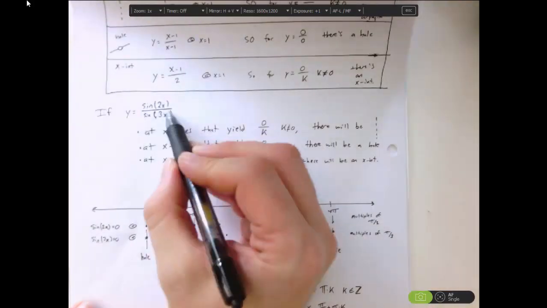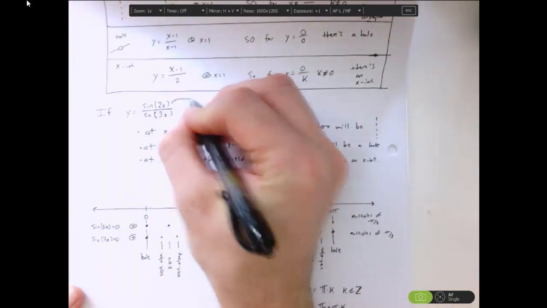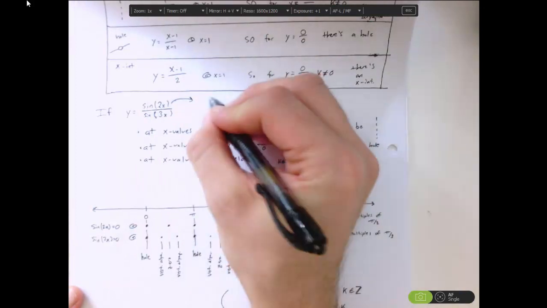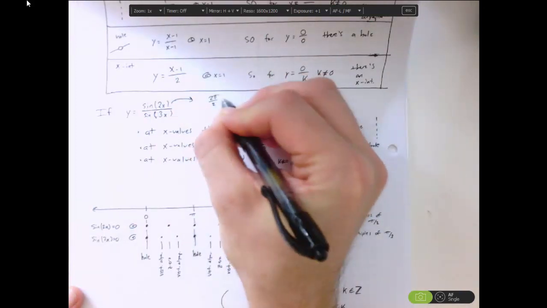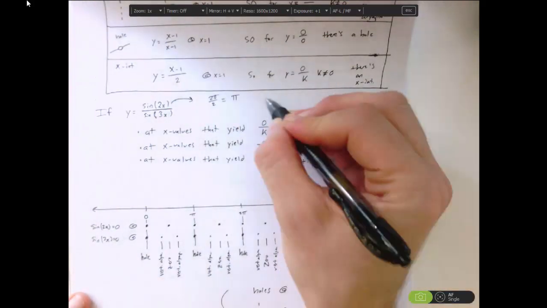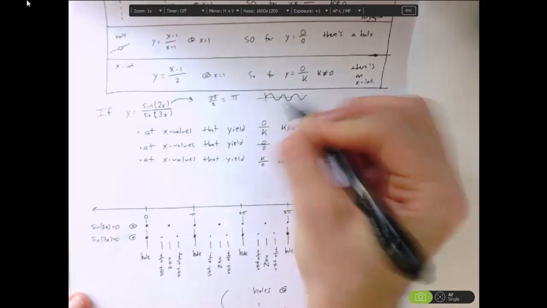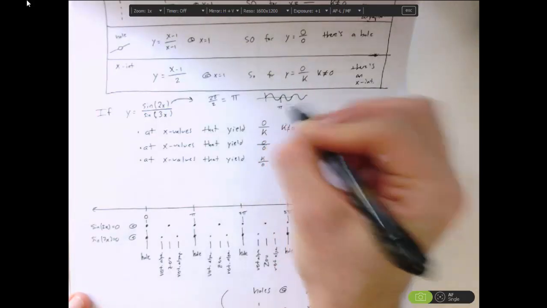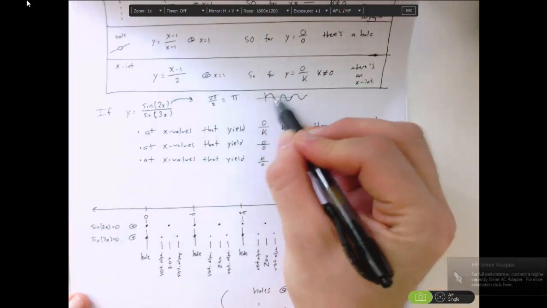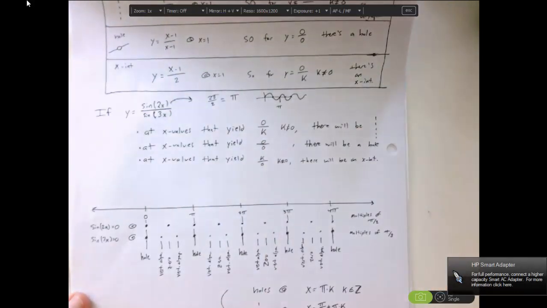So if you remember how to calculate period, the period of this upper one is going to be 2 pi divided by 2, or a period of pi. So that means I'm going to have sines that go like this. There's my sine function. I know it's got a period of pi, which means that it's hitting 0 at every single multiple of pi over 2.